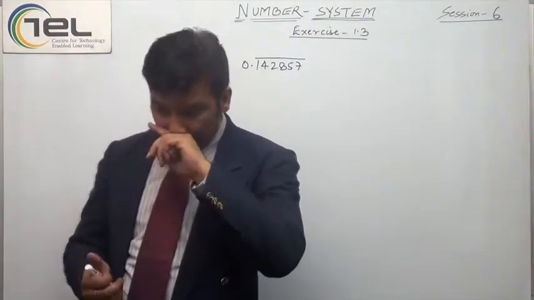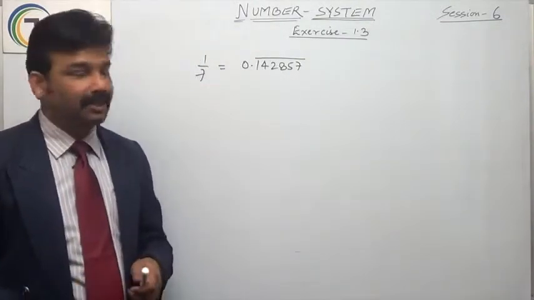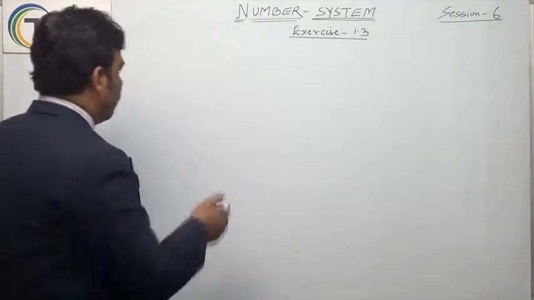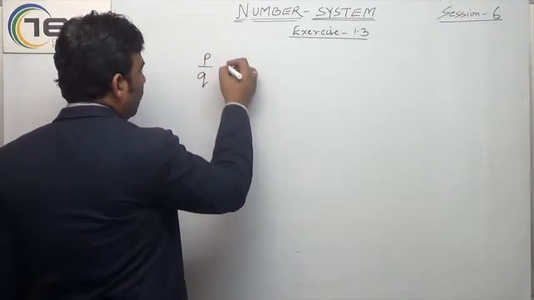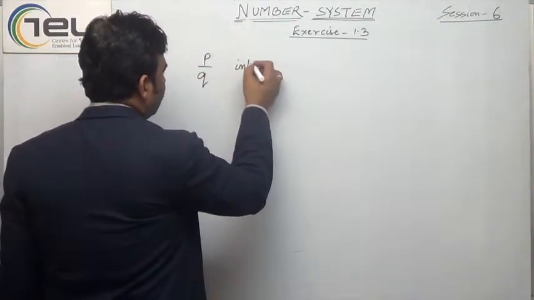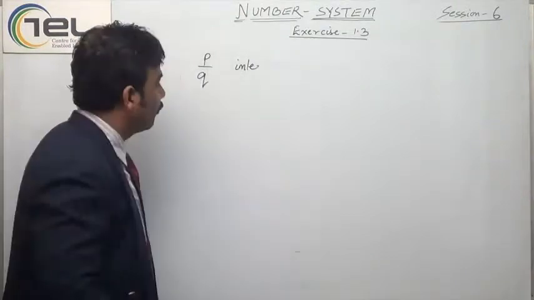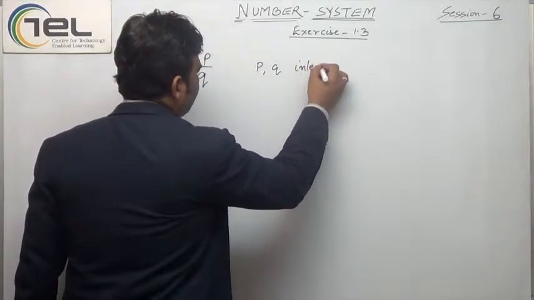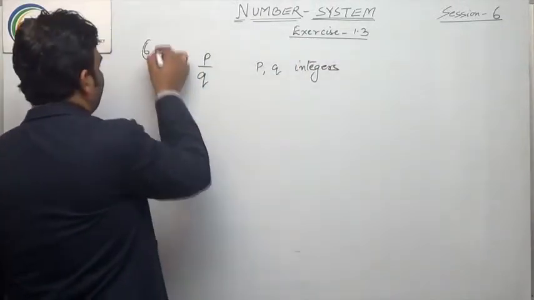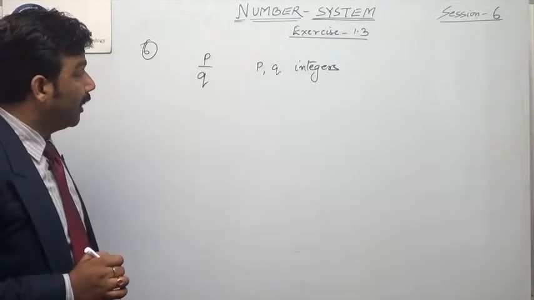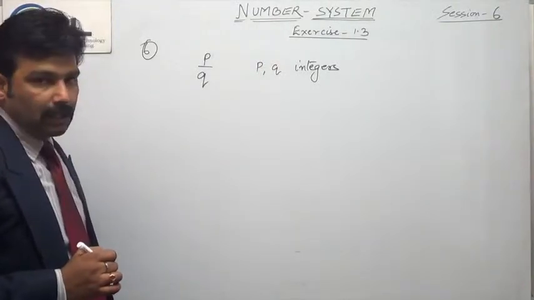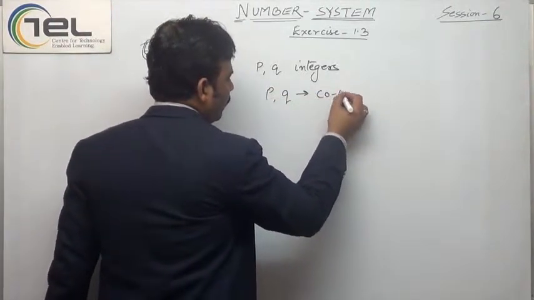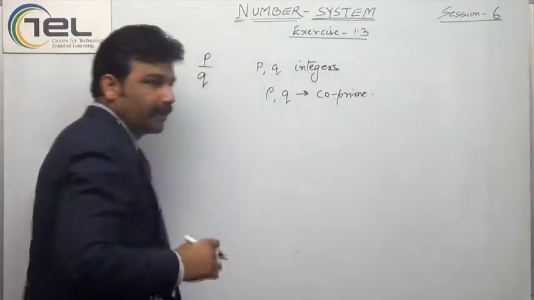I have discussed this part. p and q are integers in the form p by q, and moreover they are co-prime. They don't have any common factor.